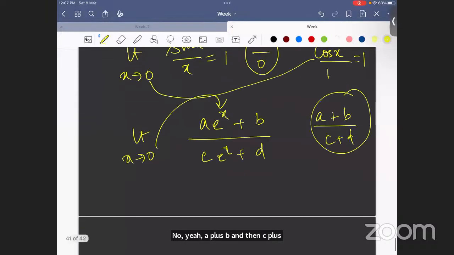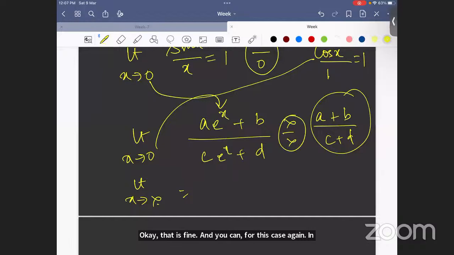And in the same example, if it was given x tends to infinite, then what should be the value? A by c. How did we get that? I divided numerator and denominator by e to the power x. That is fine. And you can differentiate for this case again, infinite by infinite you are getting, correct?